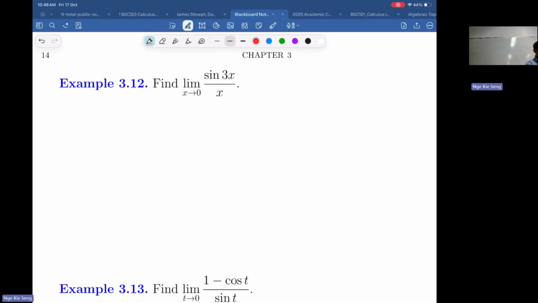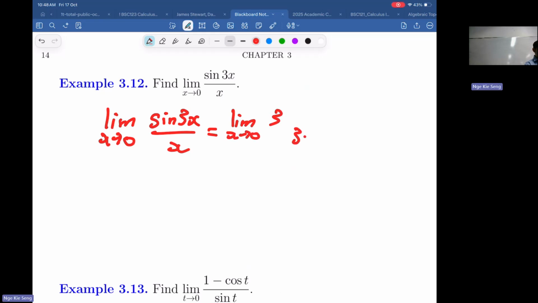Can we make up 3x at the bottom? Multiply top and bottom by 3, because you cannot just simply put the 3 in.